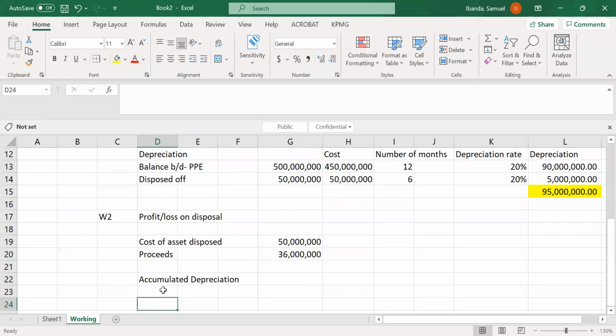So what I'm going to basically do, this asset was bought on 1st of May 2016.